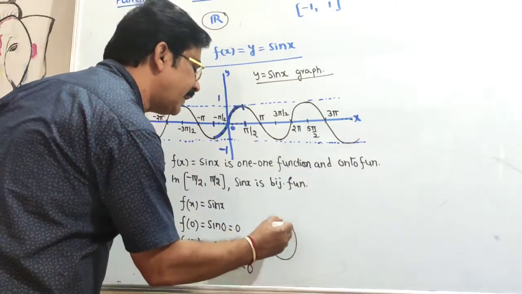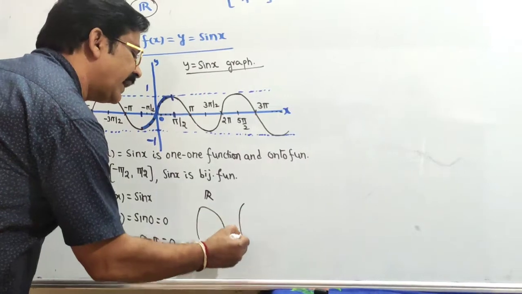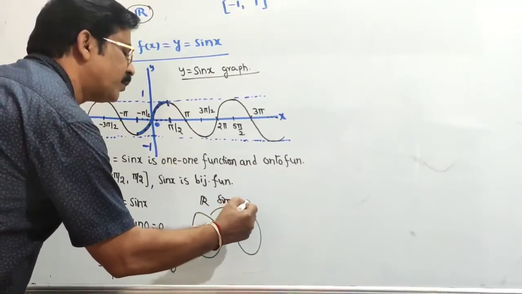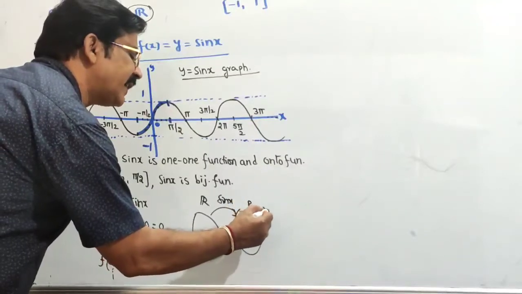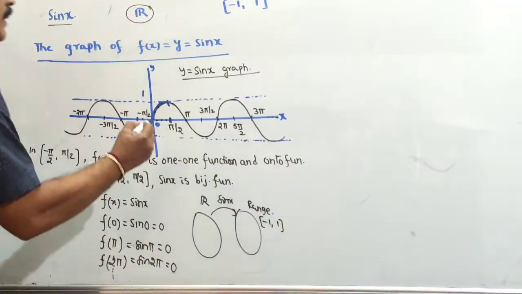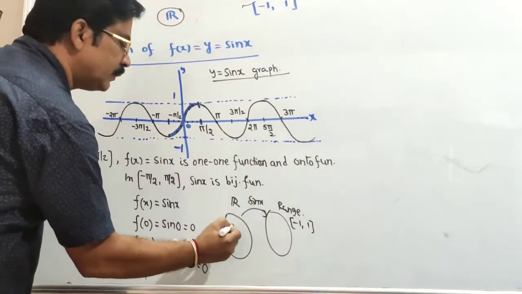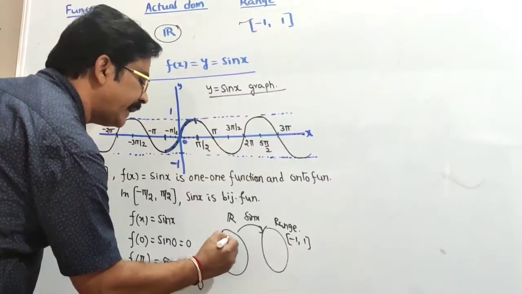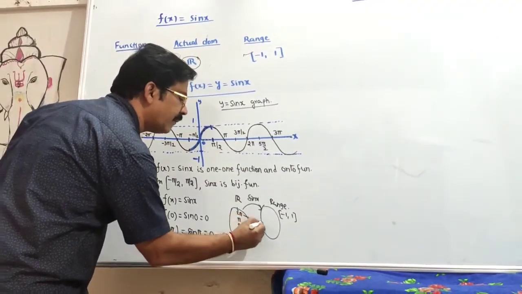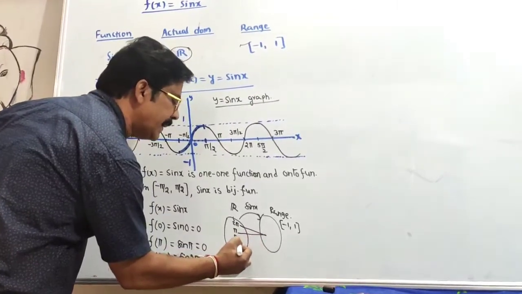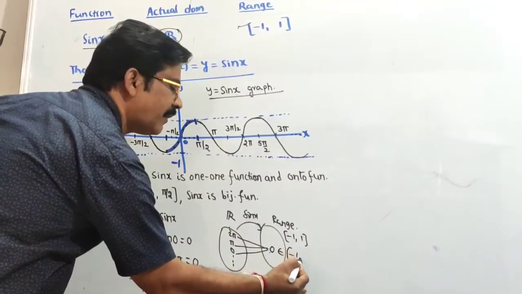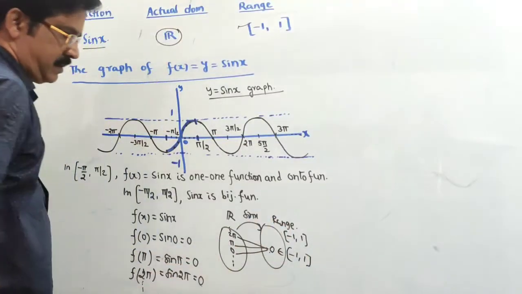What I am telling is that in this entire domain, it is the sine function. Of course, the range is the closed interval of -1 comma 1. So 0, pi, 2 pi, like that, infinite numbers are mapped to only 0, which of course belongs to the closed interval of -1 comma 1.